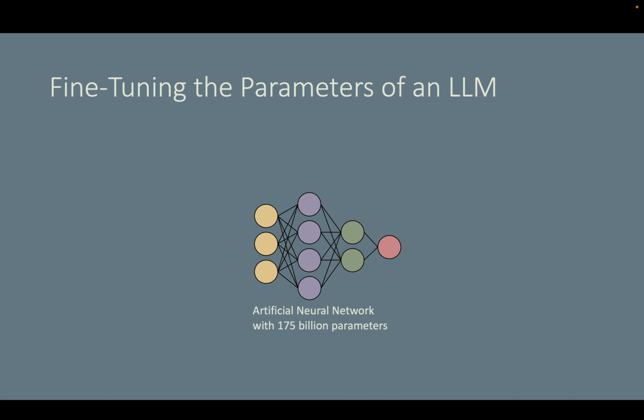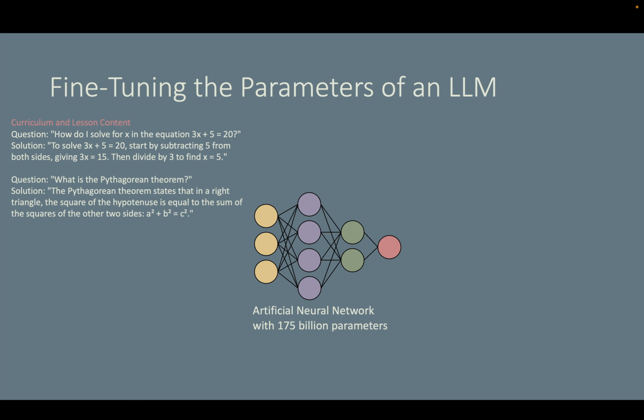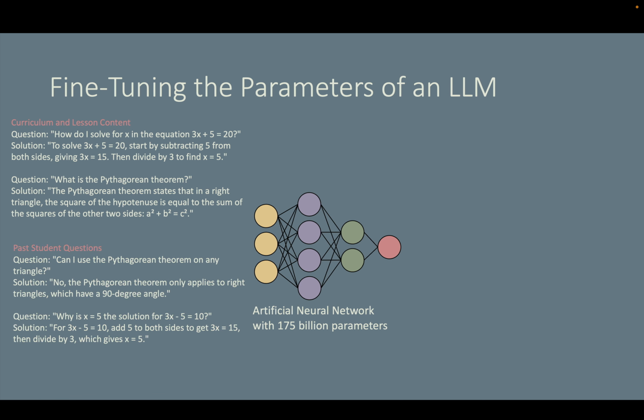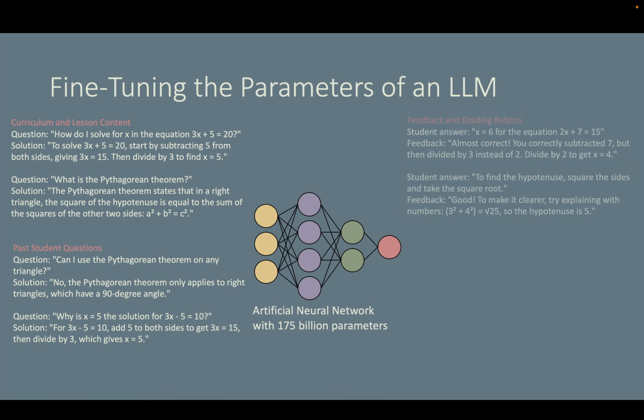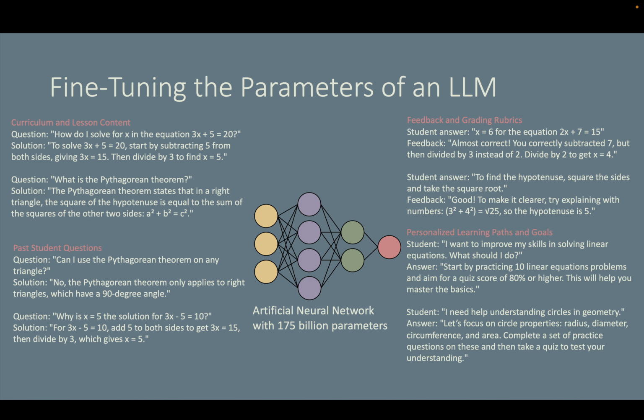To turn it into a mathematics-focused educational assistant, we need to provide it with additional specialized training data, such as math curriculum and lesson content specific to your organization, examples of past student questions to anticipate common challenges, feedback and grading rubrics to provide constructive guidance, and maybe personalized learning goals to support students on their unique learning path.